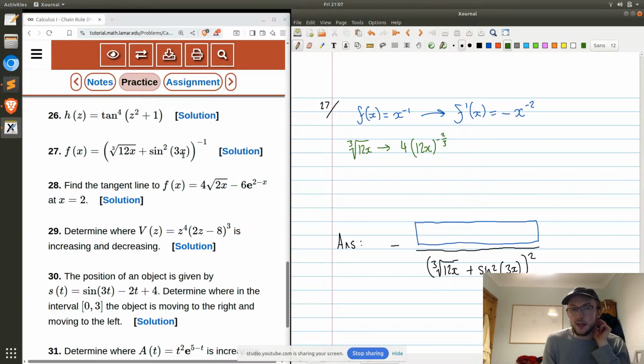Then this here has to be differentiated. So, okay, sine squared. So that's another chain rule.